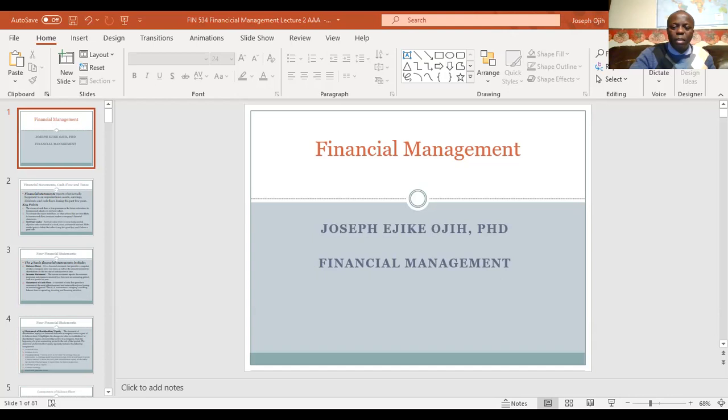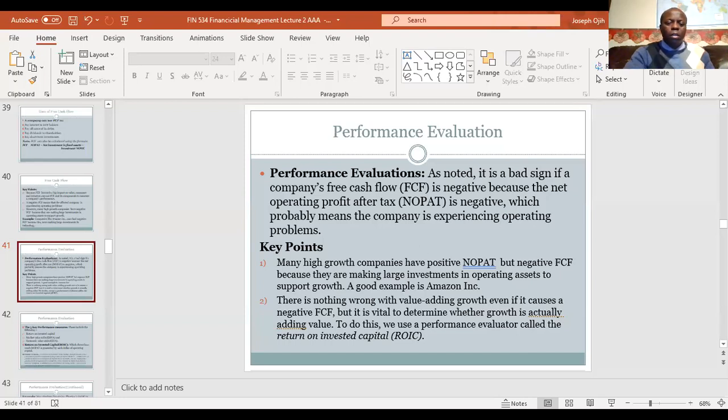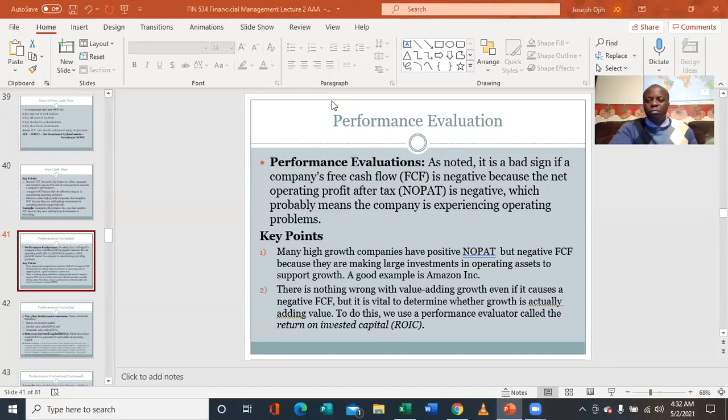Okay, just in a few minutes, we will take off like a rocket. Today, our main focus will be on more evaluation and also on the corporate tax bill, how to calculate those. The performance evaluations, we use them.